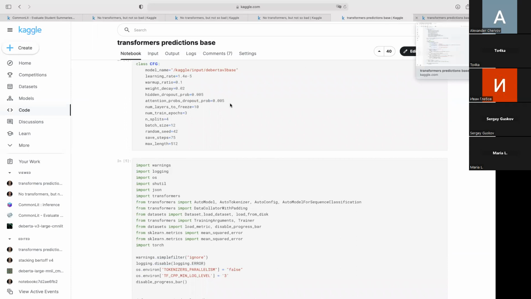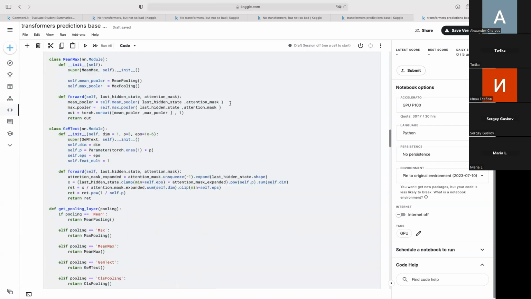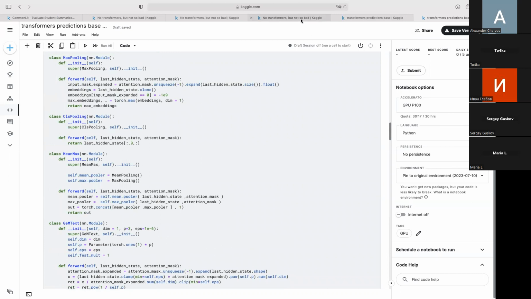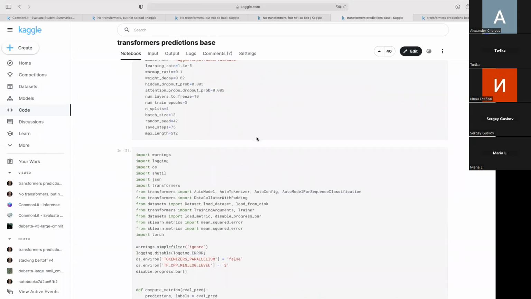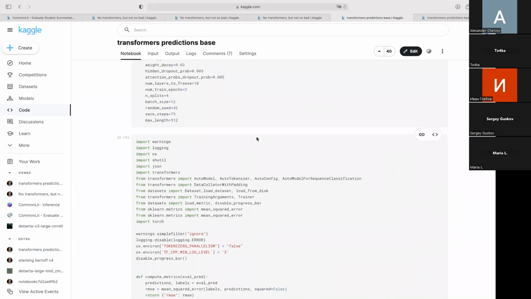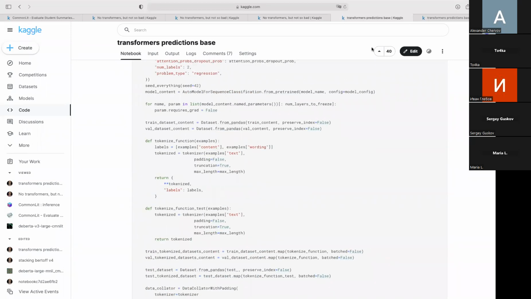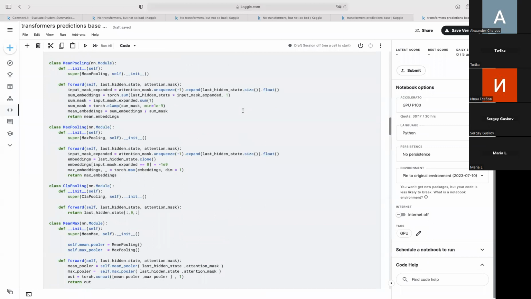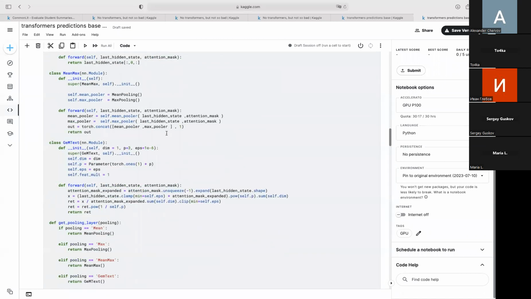Yes, and also what else we can do in this competition, we can use a different classification head. In this notebook, transformer prediction base, I used the original approach from Hugging Face, using AutoModel for sequence classification, but we can use a different classification head, like in other NLP competitions on Kaggle, like mean pooling, mean max, and attention head classification.